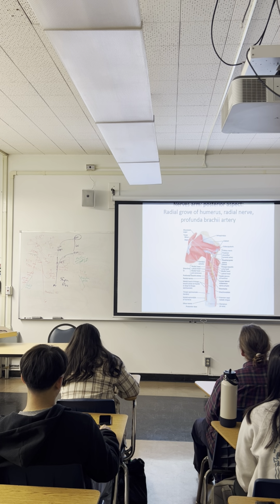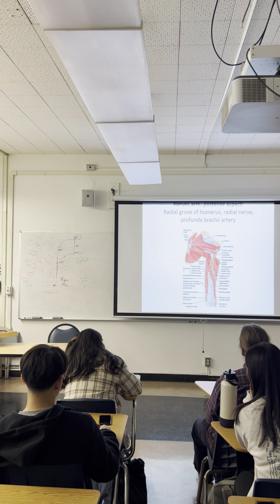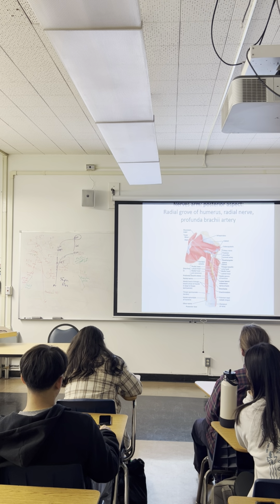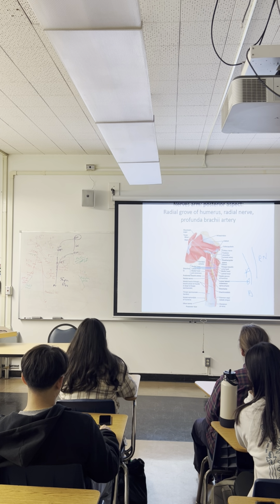Oh, here's that posterior view, and we've kind of separated the long head and the lateral head, so you can really clearly see the stuff that we see in the lower triangular interval, which is radial nerve and profunda brachii artery, and they're traveling in the radial groove. So here.